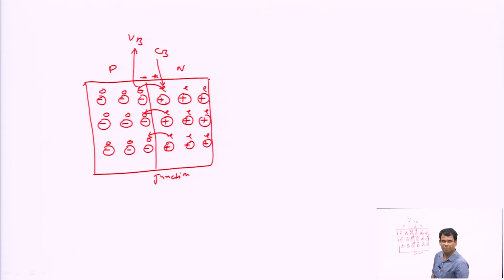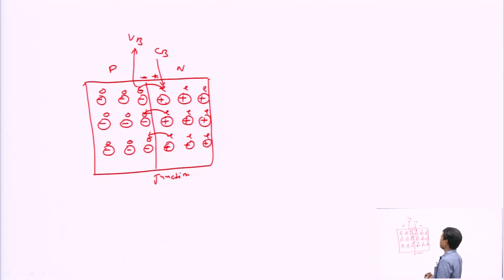At an equilibrium condition, all electrons and holes near the junction will recombine, and now the prevention power is sufficient that further recombination will not take place.